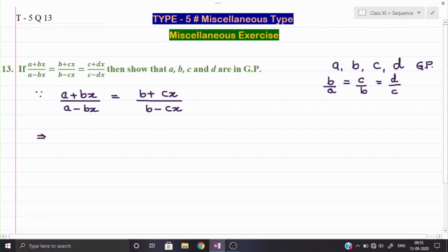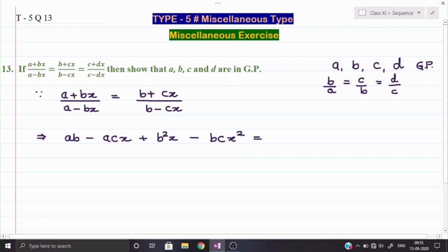I am solving a little bit skipping some steps because the questions are lengthy, and in the examination also you can do like this. So I am multiplying a plus bx with b minus cx. First multiplication is ab minus a into c into x, then similarly plus b square x, and then minus bc x square.